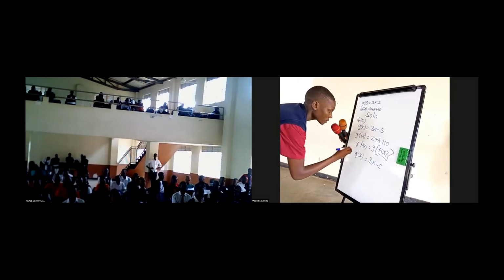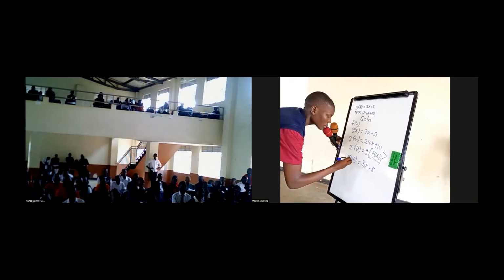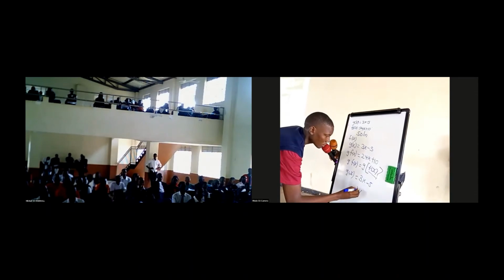Then we will multiply. It will be 3x minus 5 into brackets. Then our f of x, we want our f of x.